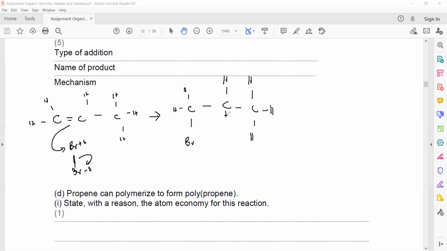So this will be positive. Then the bromine, which took both electrons and has a negative charge, is attracted towards the carbocation and results in the formation of 1,2-dibromopropane. Is it clear?